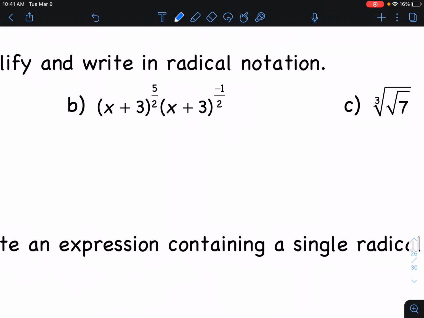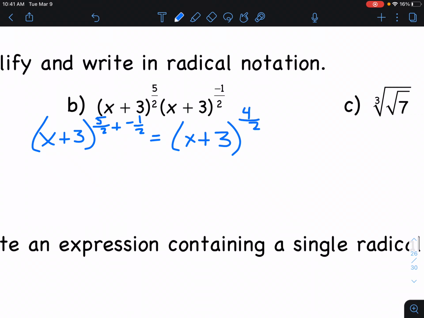Letter B, this is technically x plus 3 times x plus 3. We're going to use the same rule as letter A. We're going to add the exponents. So 5/2 plus negative 1/2 will be 4/2. And actually, that fraction just gets 2.